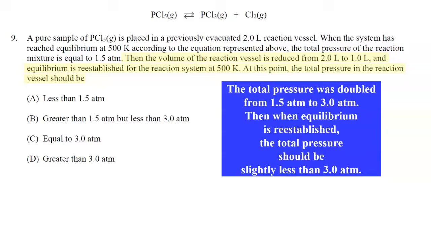And so when equilibrium is reestablished, the total pressure in the reaction vessel will be slightly less than 3 atmospheres. So the correct answer to question 9 is choice B, that when the system has reestablished equilibrium, then the total pressure in the reaction vessel would be greater than 1.5 atmospheres, but less than 3 atmospheres.